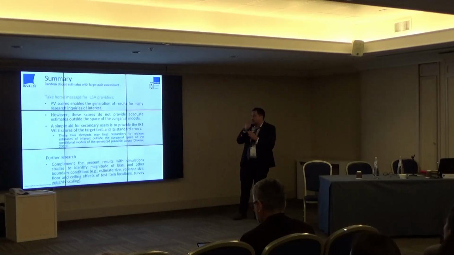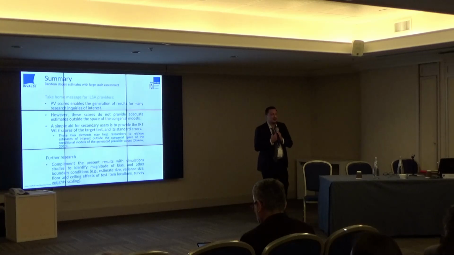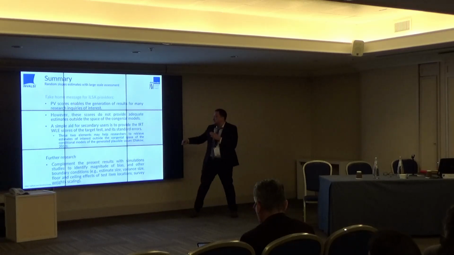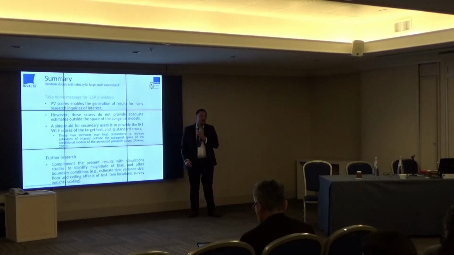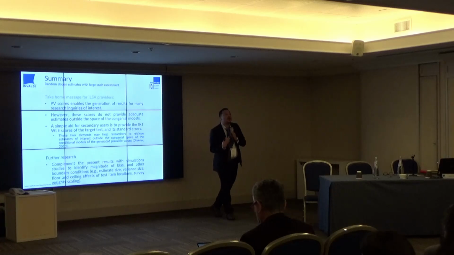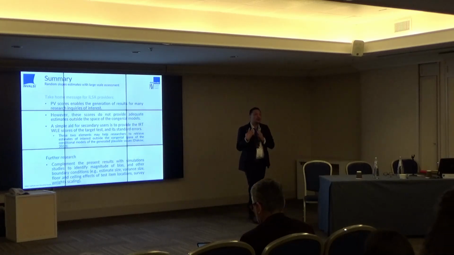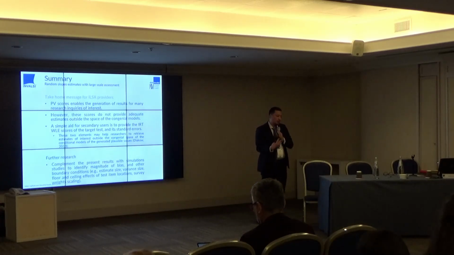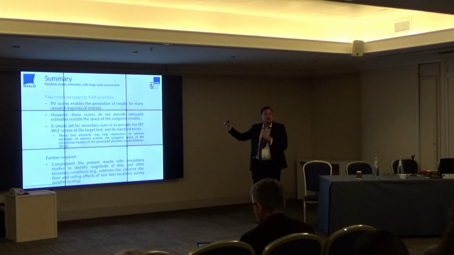And for ILSA providers, I'm talking here as an ILSA provider as well, I need to defend the idea that we might need to include the IRT weighted least estimates because they do have a use for secondary users. When you don't put them in the public database, a secondary user who wants to do something such as this would need to generate the IRT weighted least estimate themselves, and that's going to be a lot of estimation time.